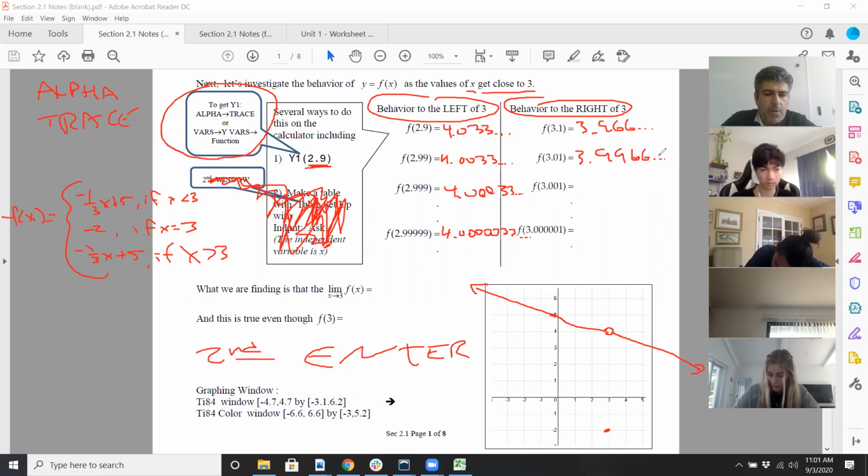Go to 3.001: 3.9996 repeating. It looks like we have how many zeros? 1, 2, 3, 4, 5. 5 zeros there, and a 1. It looks like I have 6 nines.